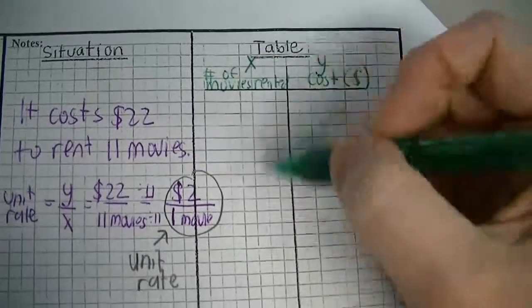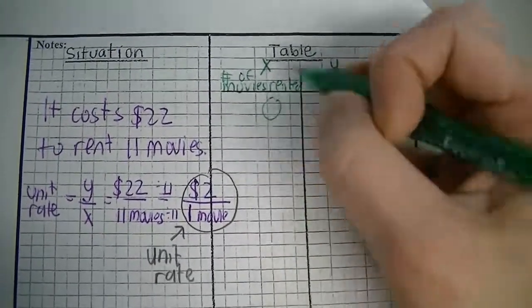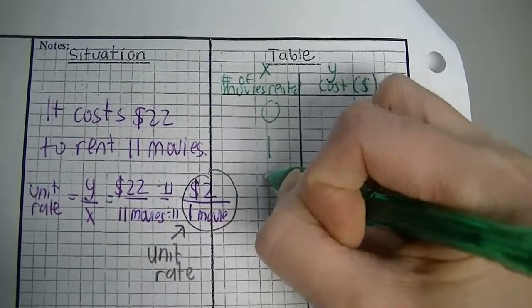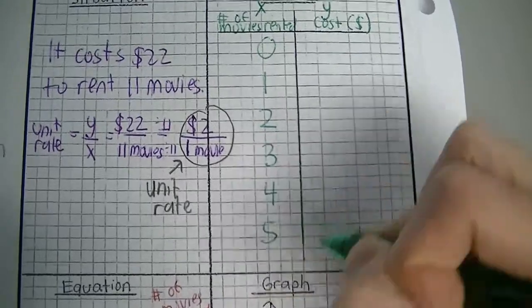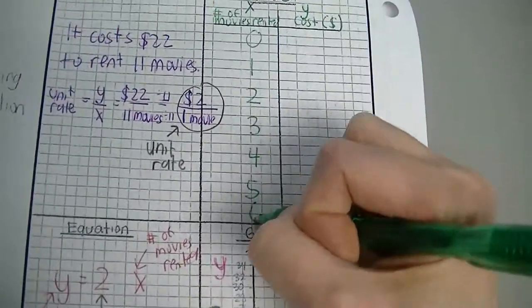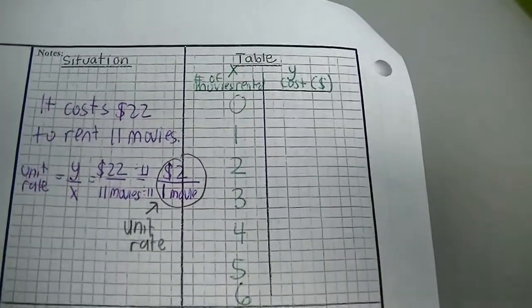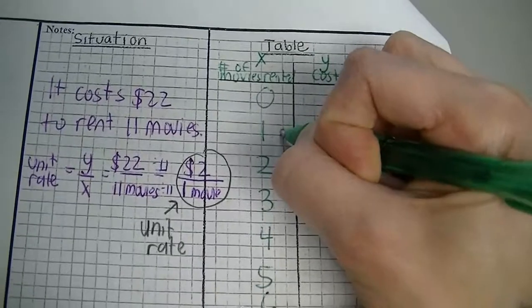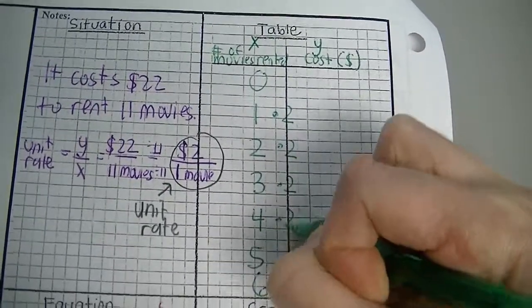Okay, and the table is empty, but I find if you go 0 to 5, you can do more if you want. And let's go to 6 just for fun, because I have room. And remember that the unit rate was $2 per movie, so you take all those x values and multiply by 2 to get your corresponding y value.